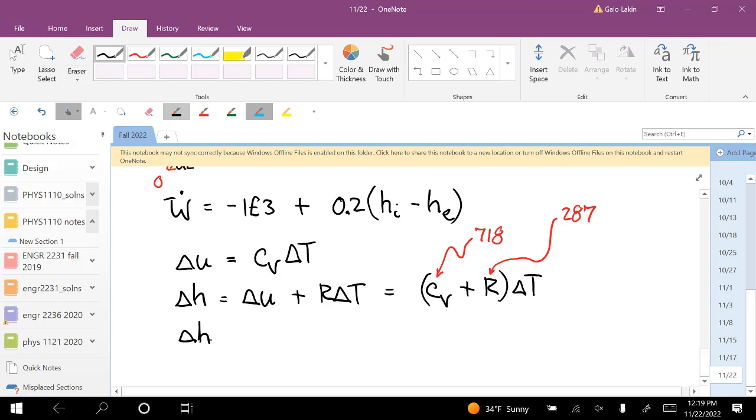So delta h is, what do you get if you add those? So 1005 times 290 minus 350.